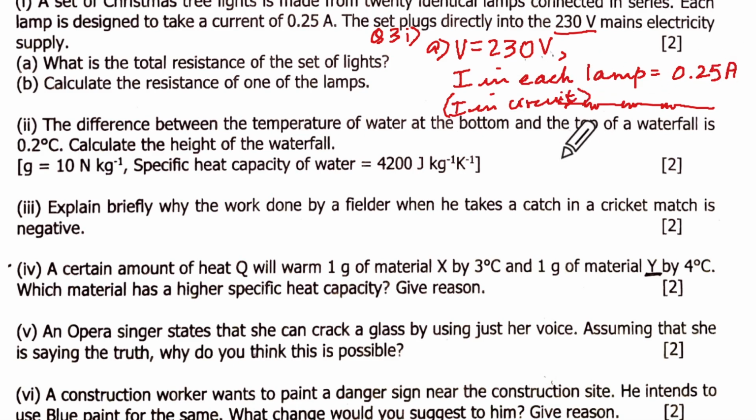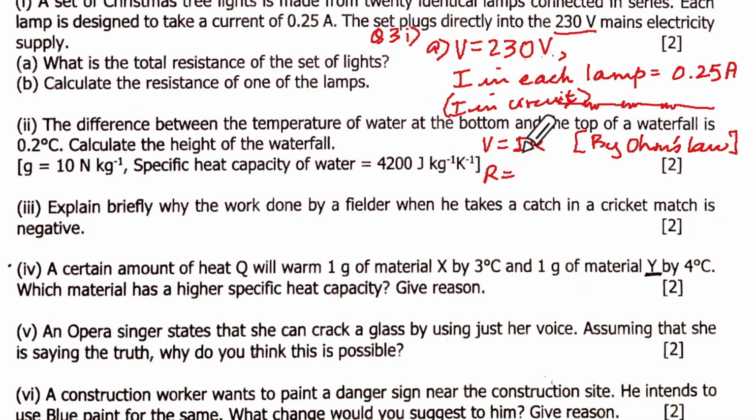We are writing the statements properly, right? Now total resistance. So we have V is equal to IR by Ohm's law. Remember now, every mark counts. We don't want to take any chance. We want to write the reasons whenever possible.